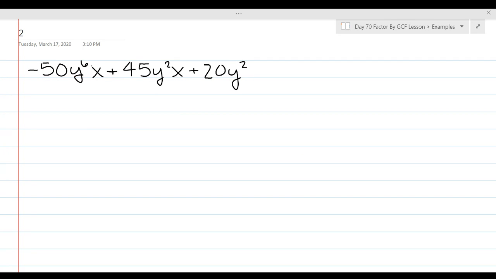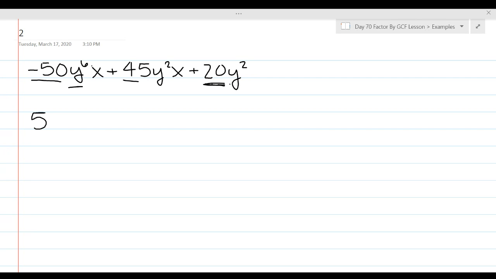Let's look at another example. Okay, this one's going to be a little bit harder because we have two different types of variables. Okay, first, look at our coefficients. So we got negative 50, 45, and 20. So the biggest number that we can pull out of all of those is going to be 5. Then we're going to look at our variables.